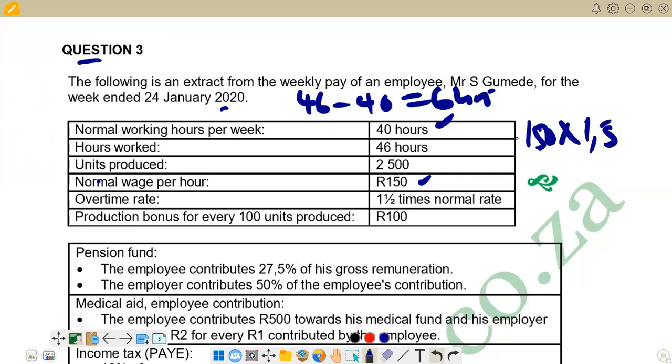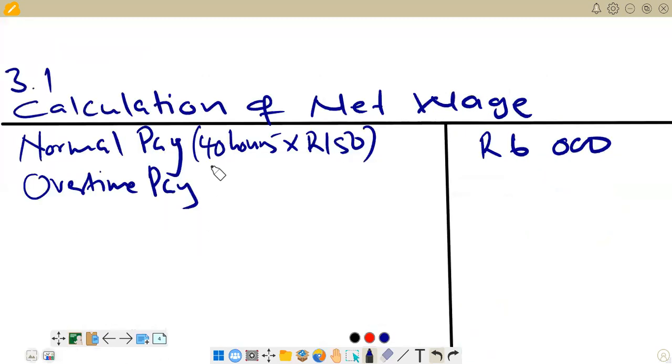Then you get the rate for overtime pay. So we are just going to say 6 times 150 times 1.5 is a summary of our working there for our overtime pay. So our overtime hours is 6 hours.